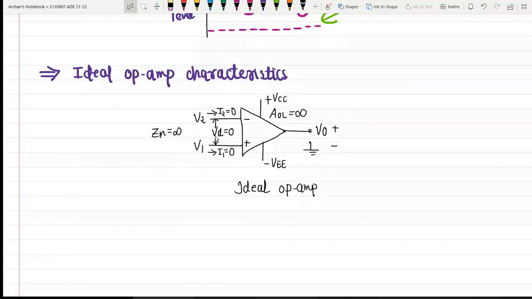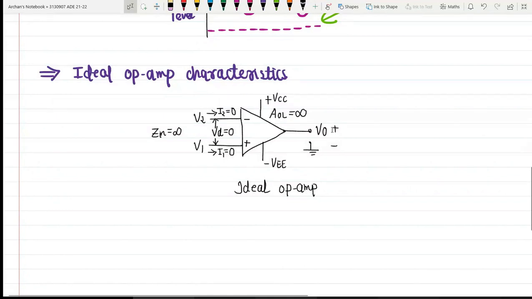Second, the gain of an ideal amplifier is infinite. So the difference input Vd, which is V1 minus V2, is essentially zero for a finite output voltage V0.